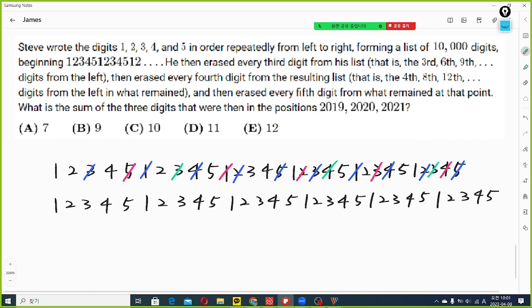So if we count the remaining numbers, yep, 12 numbers are remaining.